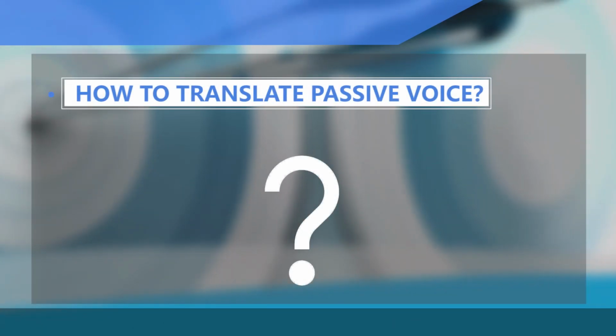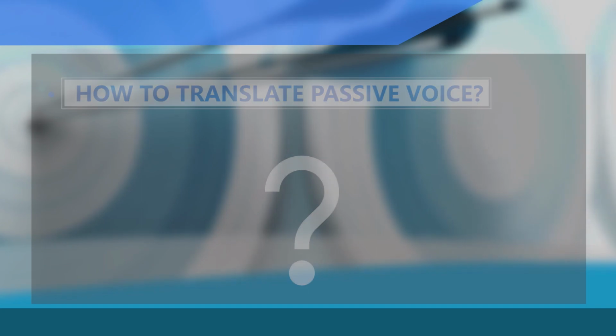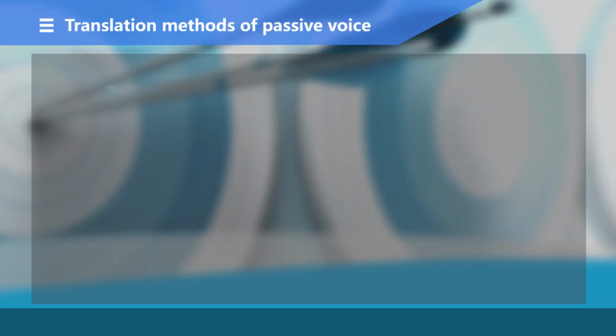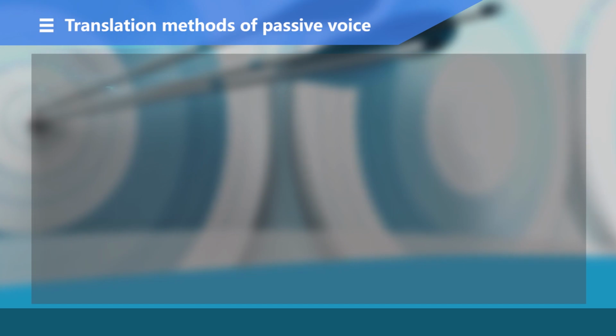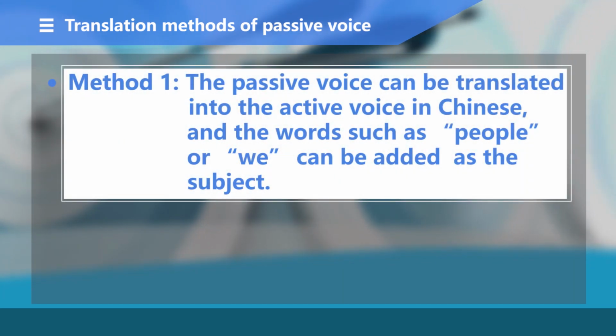Since the extensive use of passive voice is one of the obvious features in EST, how do we translate passive voice? Now, let's explore the translation methods of passive voice in EST. Method 1.